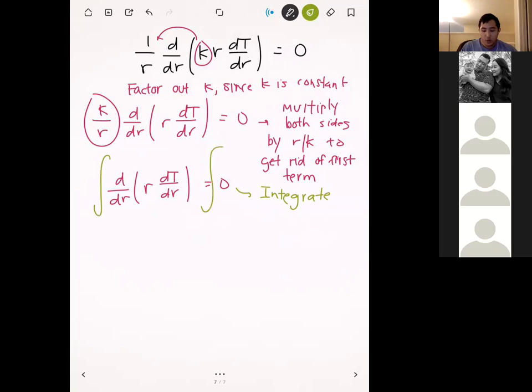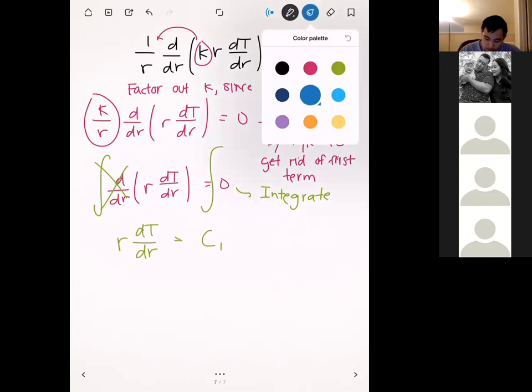From here, we can simply integrate. On the left-hand side, integrating d/dr just gets rid of it, so the integral and the derivative cancel each other out, and we're left with r times dT/dr. On the right-hand side, we have the integral of 0, which would normally just be 0. But since we are doing an indefinite integral, we have to put our arbitrary constant there, so this is equal to C1, our first constant.